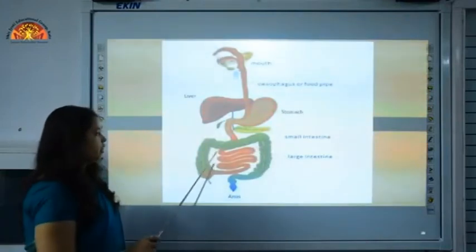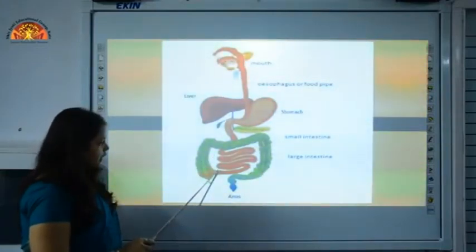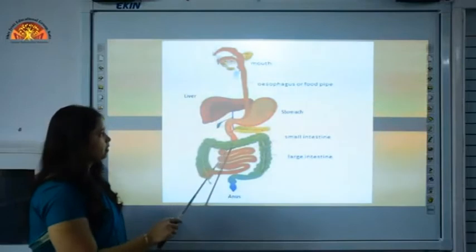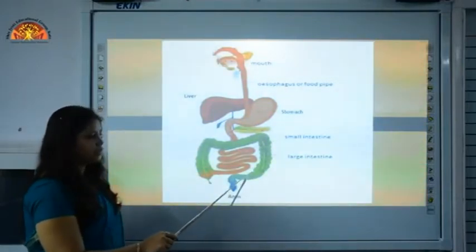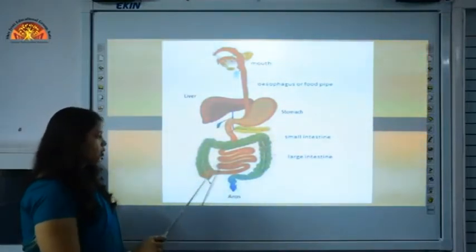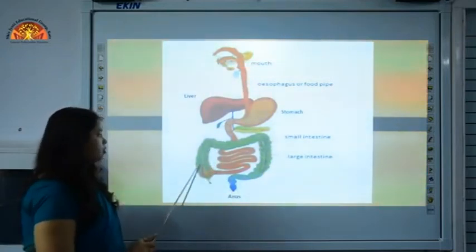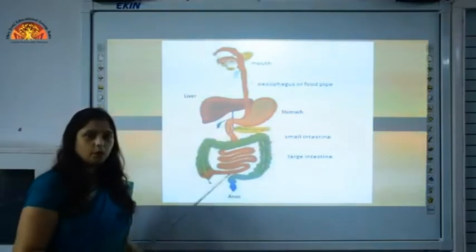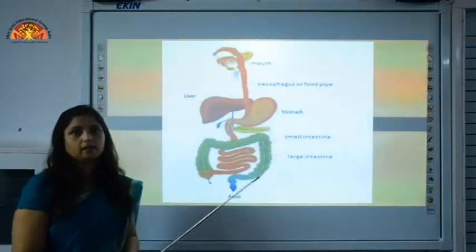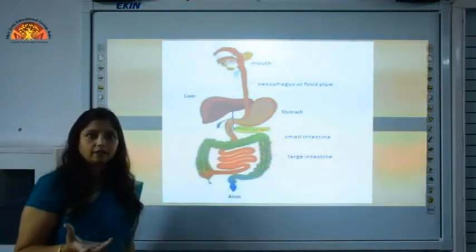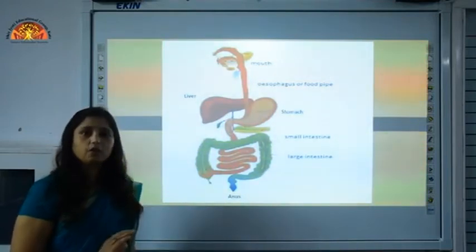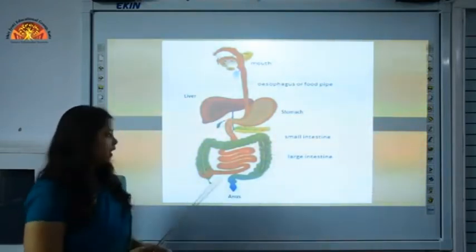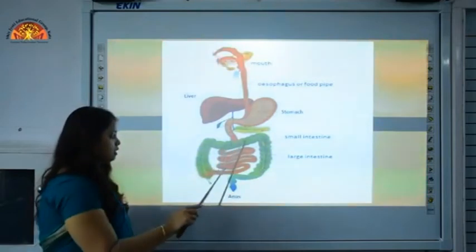Now you see this small intestine is again connected to this coiled tube-like structure, lesser coiled than the small intestine. So this tube is called the large intestine. Now when the process of digestion is completed, the left out part which is undigested and of no use to our body comes into the large intestine.